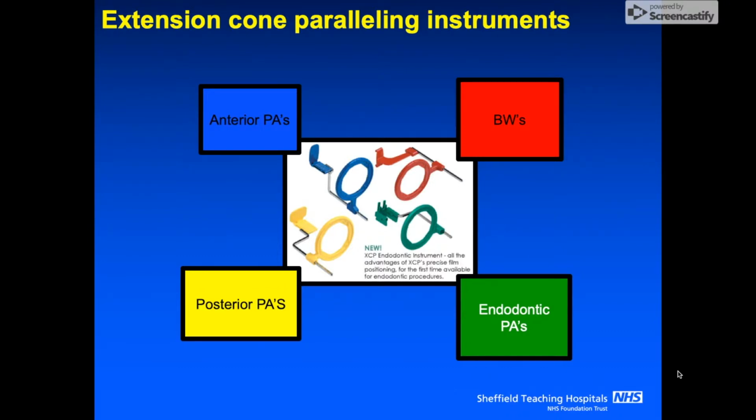So if you're having a root canal treatment, patients can come to the X-ray department during their procedures just to ensure the endodontic procedure is satisfactory, so they can be imaged throughout their endodontic procedure. The red instruments are used for bite wings.